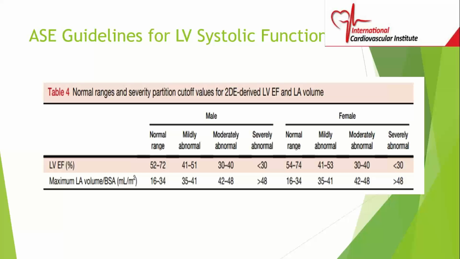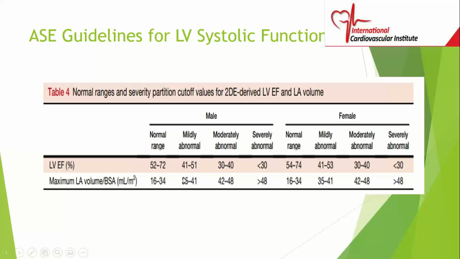So especially if you're doing exams, if you don't know this, you're going to miss one or two questions. Left atrial volume is not a straightforward volume. You have to index it, and you have to know the normal value. When you index the volume, it's milliliters per meter squared, and the normal left atrial volume is up to about 34.